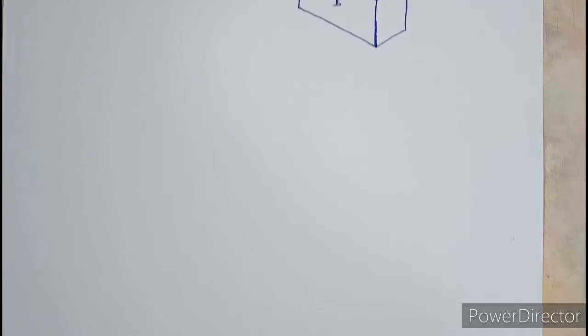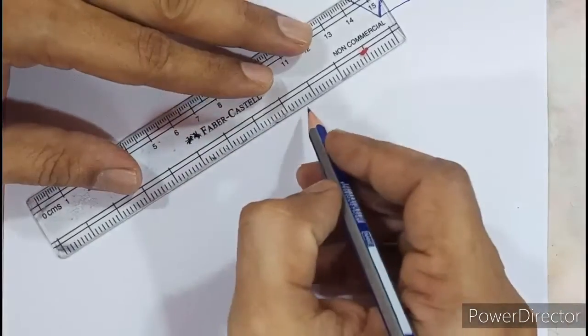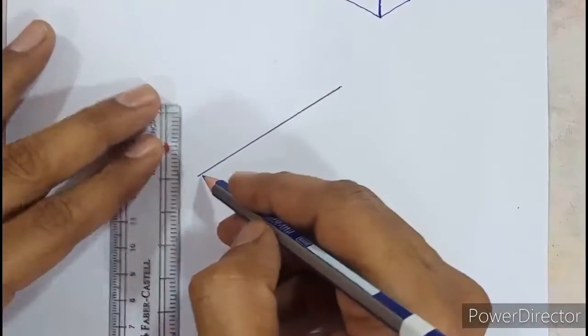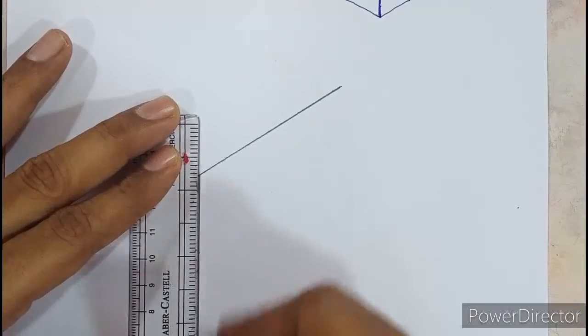Okay, so the next part is like this. Assume that the white paper is like a space, as we've done before, and I need to divide this space into 4 parts. So the white part is the space. As we have done in orthographic also, I need to divide this into 4 halves. So we will introduce a plane which is vertical.